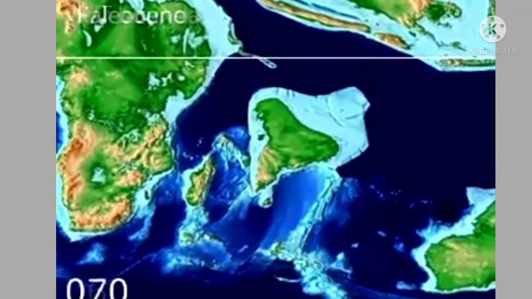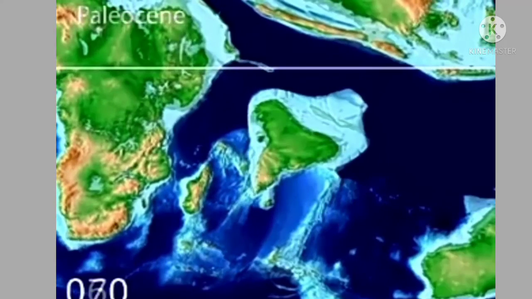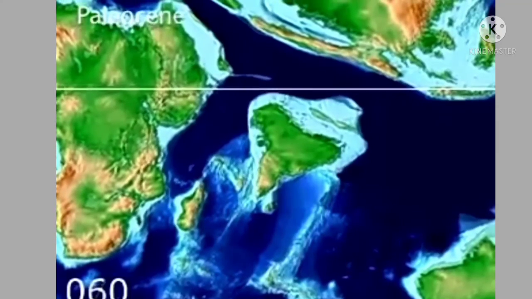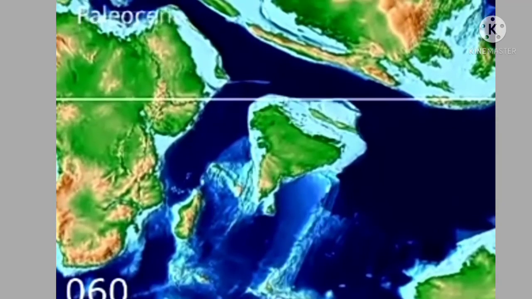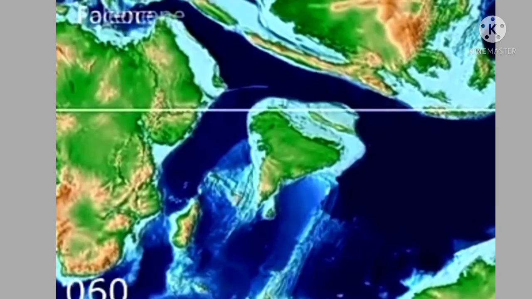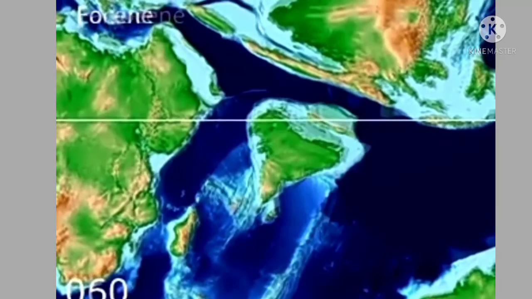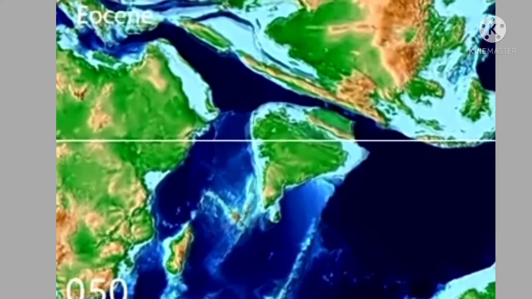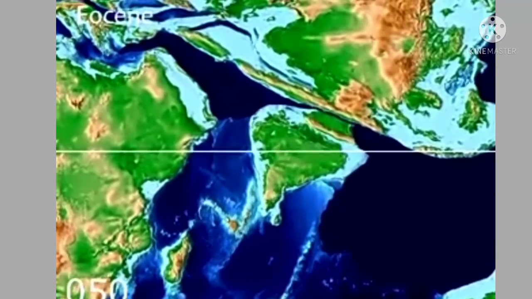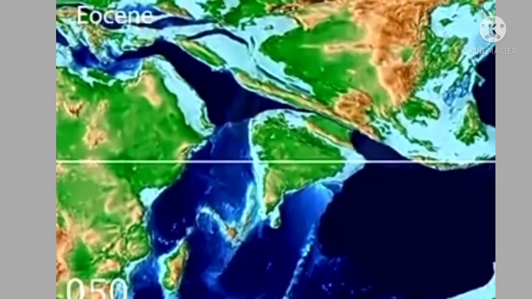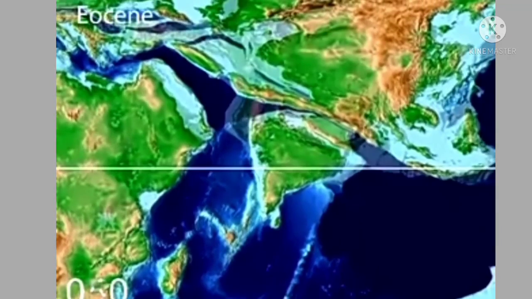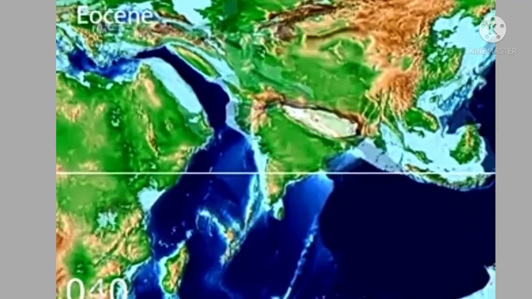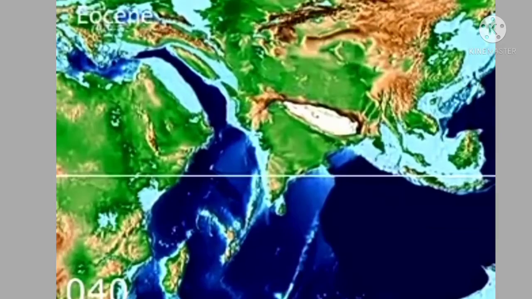Till 225 million years ago, India was separated by the Tethys Sea. About 200 million years ago, India started its journey towards the north. India collided with Asia about 40 to 50 million years ago and caused the upliftment of the Himalayas. About 140 million years ago, the position of India was around 50 degrees south latitude.